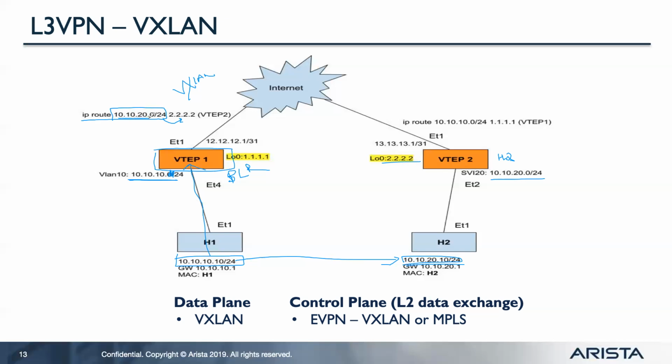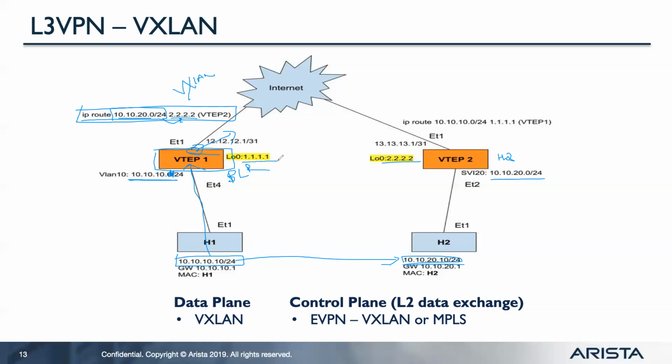Now, we first need to receive this route and install this route here. Then, because now we know that for this subnet we have to send the packet to 2222, we will VXLAN encapsulate the packet.